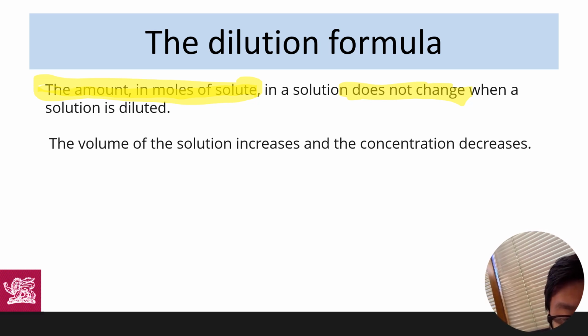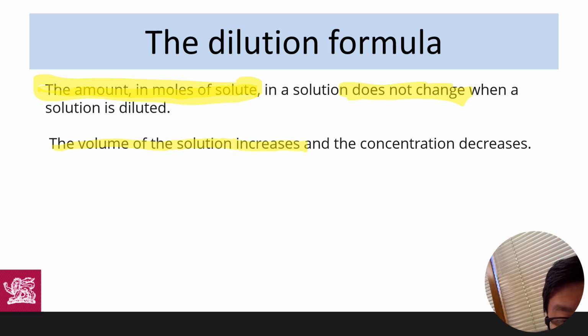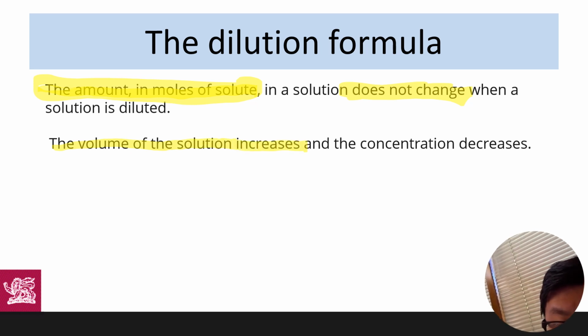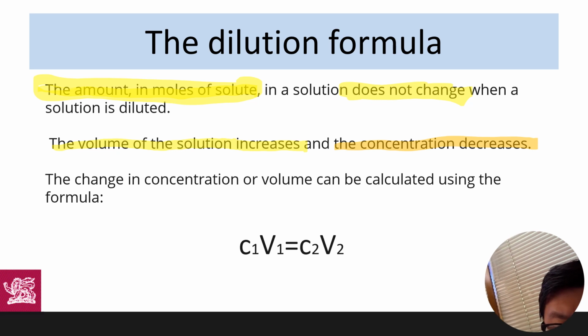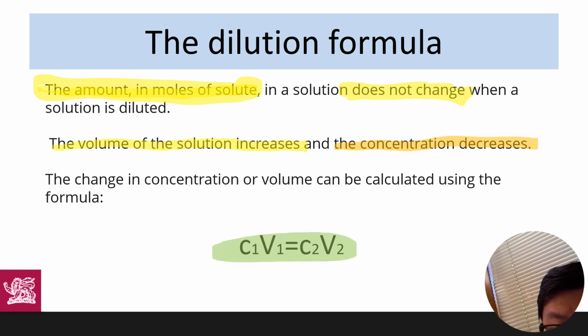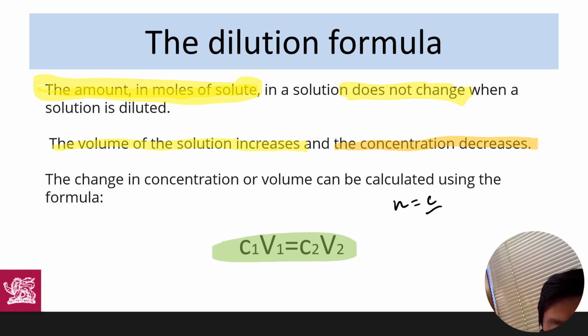What changes is the volume of the solution when you do a dilution, and therefore concentration has to decrease because there's less moles per liter now. So we can shortcut that by using this new super formula. So that comes from n equals c times v.